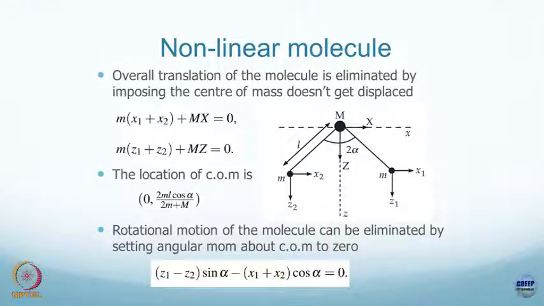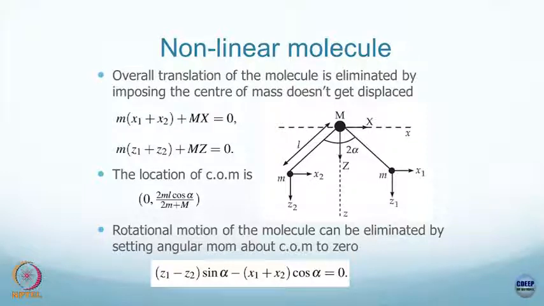So, now rotation, this will clarify your question. Rotation of the molecule can be eliminated by putting angular momentum about the center of mass of the molecule to be 0, and if you use these 2 equations, you can simplify and write this constraint which has to be satisfied. So, basically what do we see? You have 6 degrees of freedom.